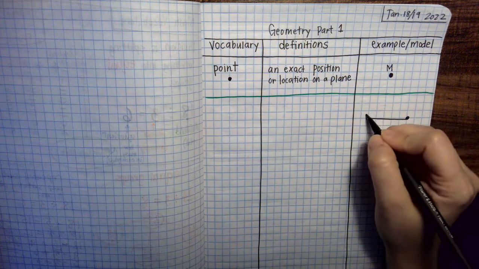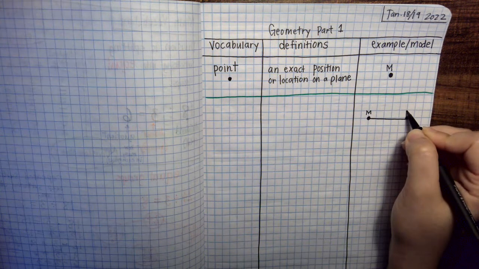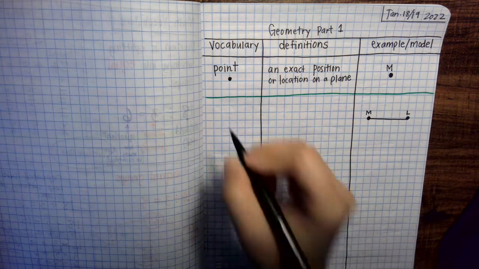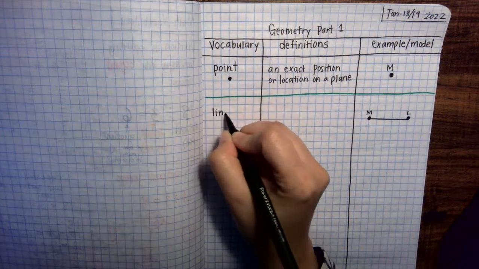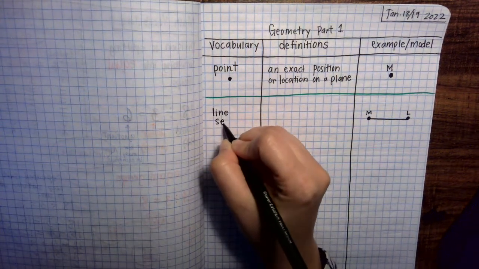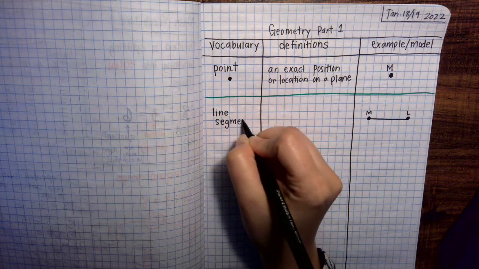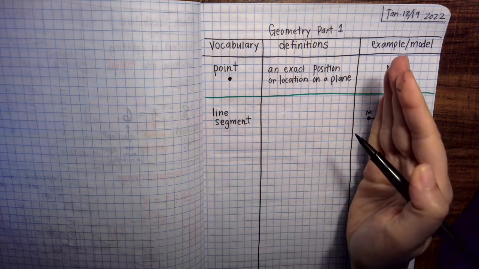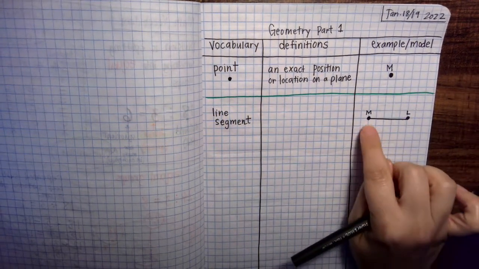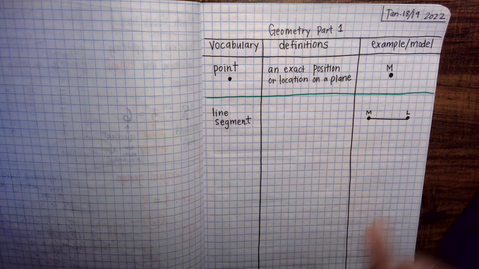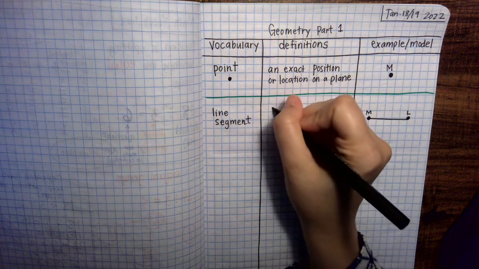And I'm going to actually just put my first letter and my last letter. And that's called a line segment, which is actually part of a line. It's like if I cut the line here and cut the line there and called it line segment ML. Okay, so it's part of the line with 2 endpoints.